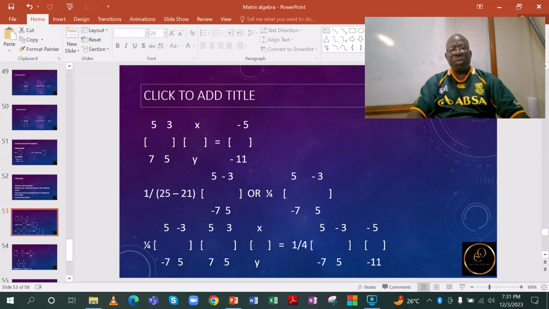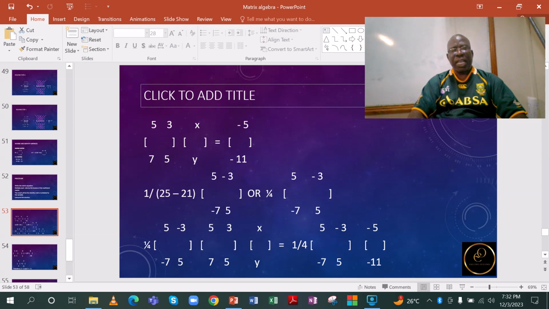If you simplify that, which is 1 over 4 into that, you multiply this matrix on both sides of the equation. So you have the inverse matrix times the original matrix times the variable matrix.